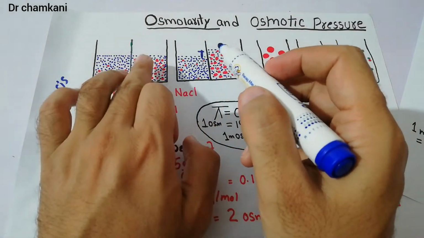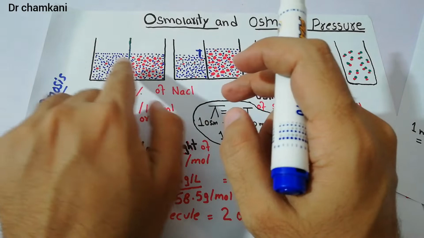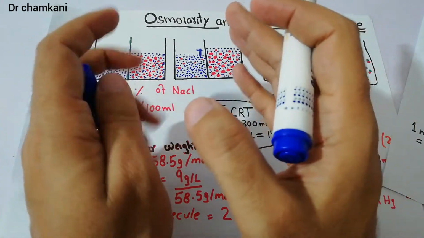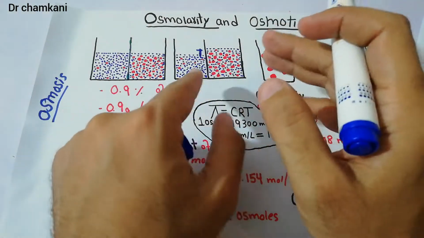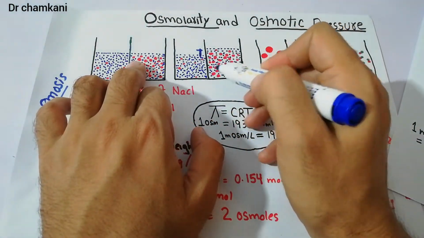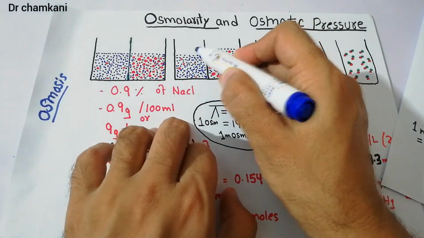Because solutes are high here, the water concentration is low here and high here, so water starts moving across this membrane, which is a semi-permeable membrane. It will allow the movement of water, but it will not allow the movement of solute. So due to movement of water across the membrane, the water concentration here increases and the level of water rises on this side, and it has increased this much.